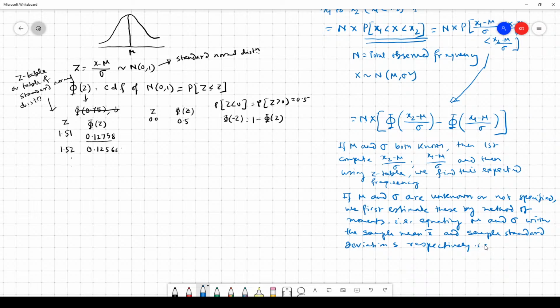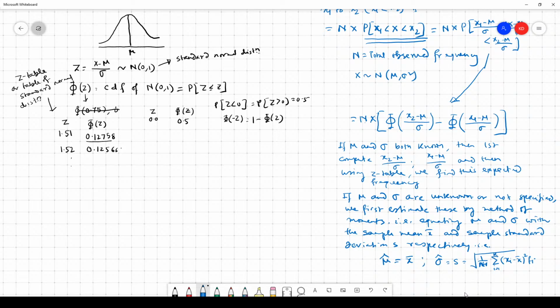That is, the estimate of mu, which we denote by mu hat, is equal to x bar, and sigma hat is equal to small s, where small s is the sample standard deviation, which is equal to the square root of 1 by (capital N minus 1) summation (xi minus x bar) whole square into fi, i from 1 to k.